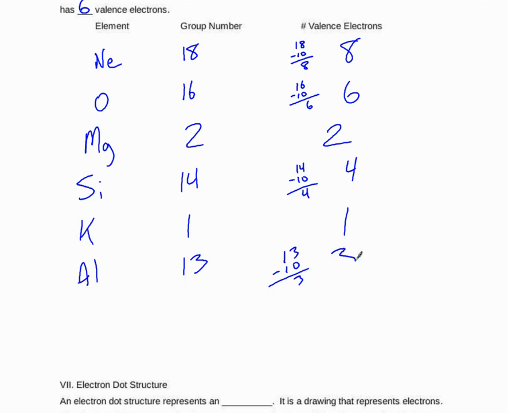Subtract 10 tells me that we have 3 valence electrons. And bromine, Br. Bromine is in group 17. Subtracting 10 from the group number tells us that we have 7 valence electrons.